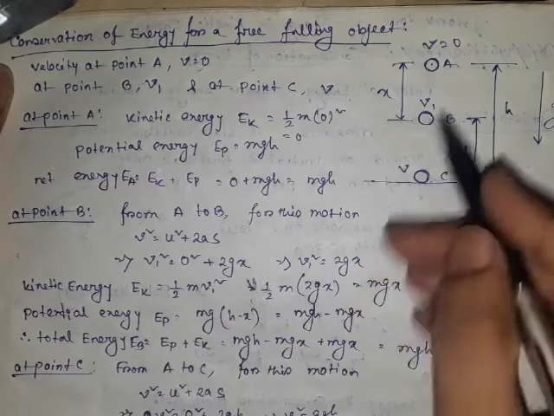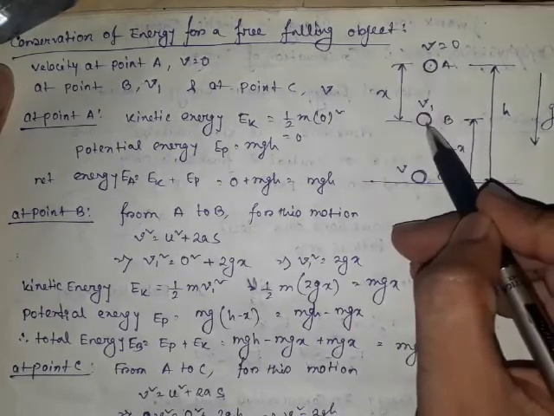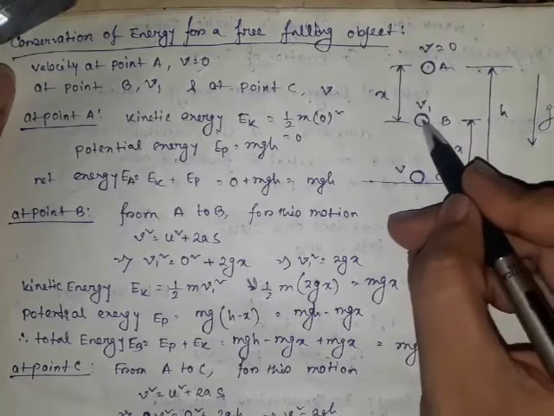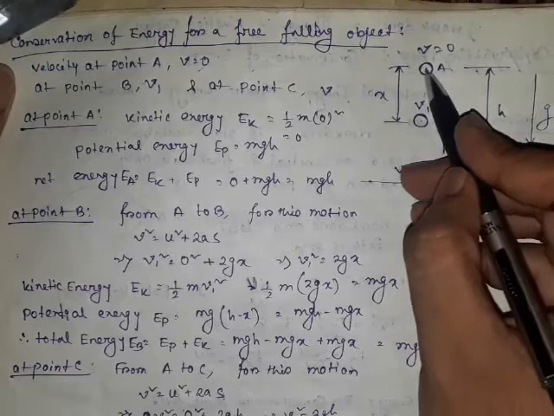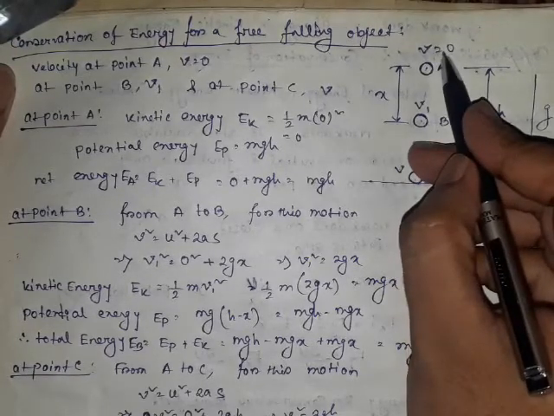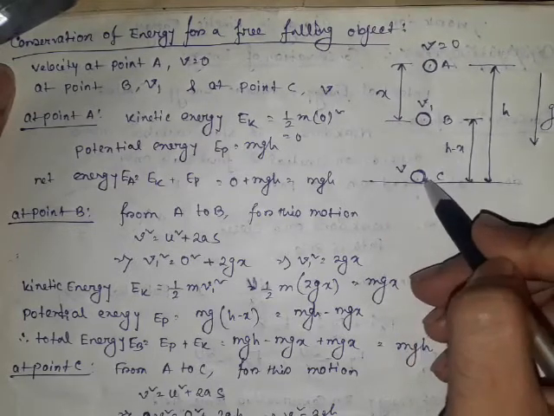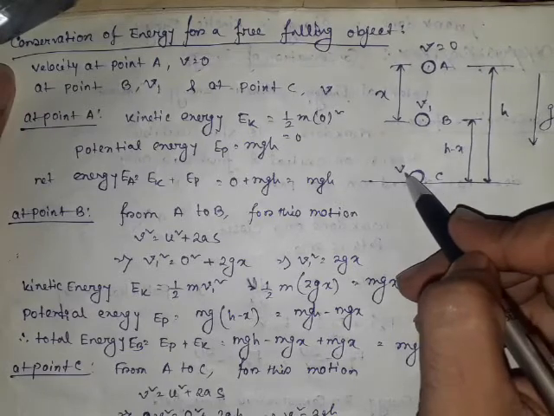Initially the object was at A, then after some time t it reaches B, and after another moment it reaches C. When it was at A, it starts from rest, that means the velocity was u. When it was at B, the velocity is v1, and when it was at C, the velocity is v2.